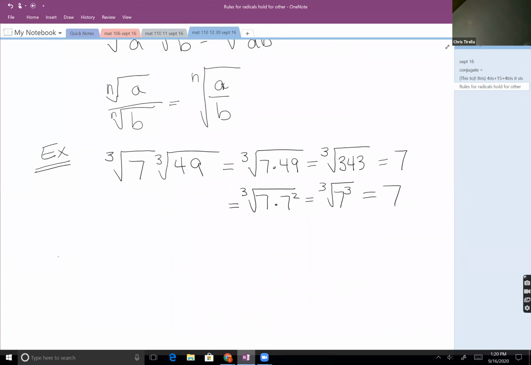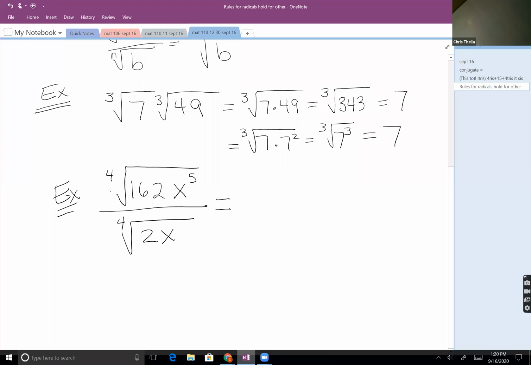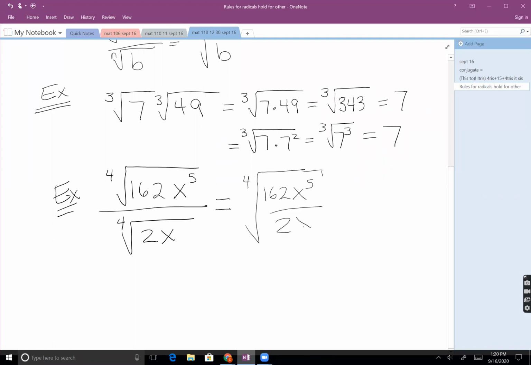Another example. If I have the fourth root of 162 x to the fifth over the fourth root of 2x. As I look at these, does everybody notice they have the same index? And so I can combine them into a single fraction, 162 x to the fifth over 2x.